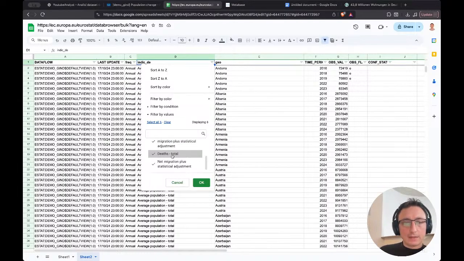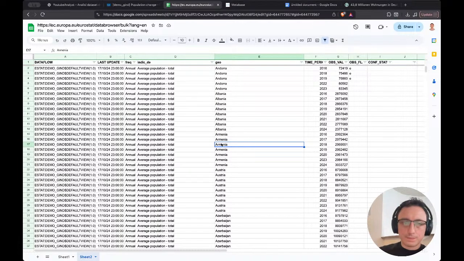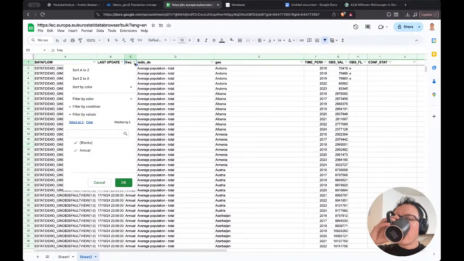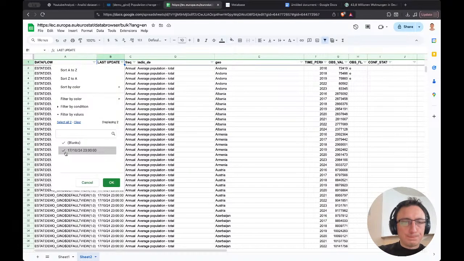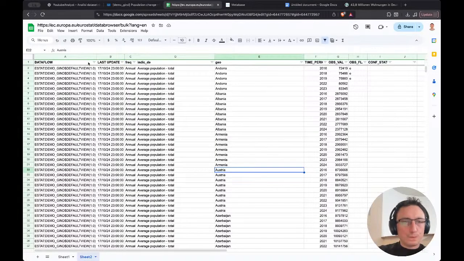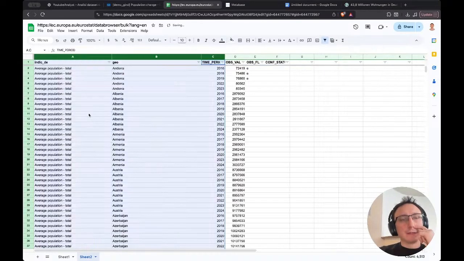That's really interesting. Net migration plus statistical adjustment. So we don't need these three columns.